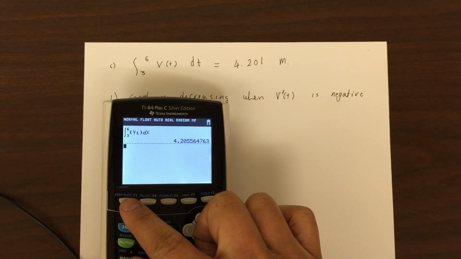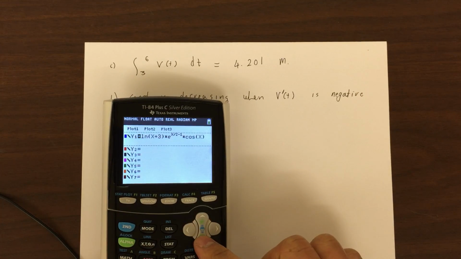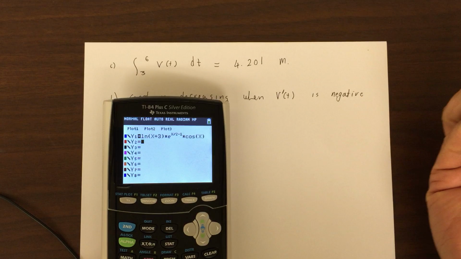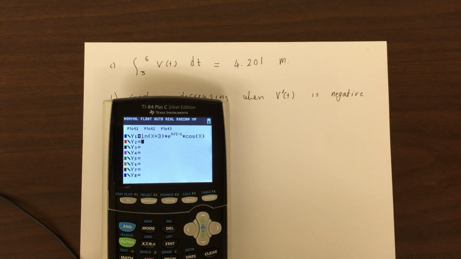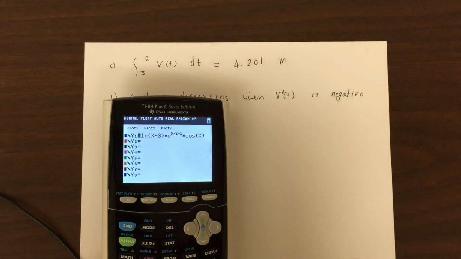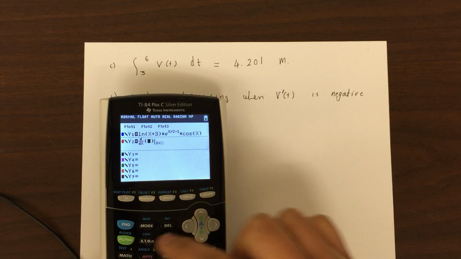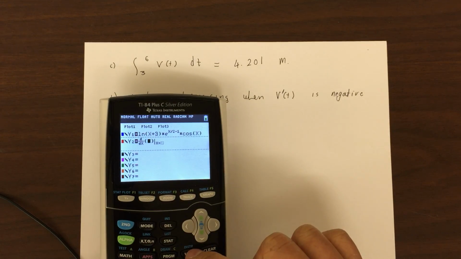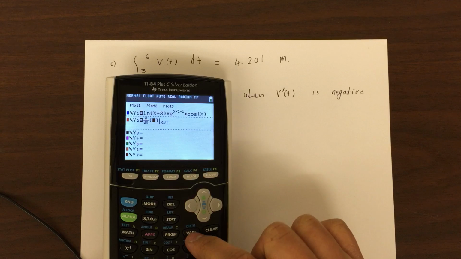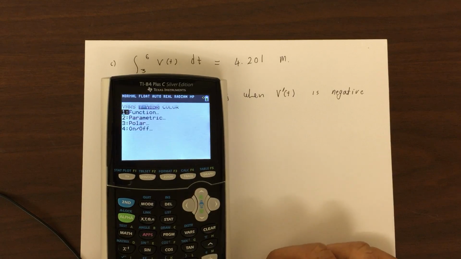So go back to your y. Now y1 stands for the velocity function, and we're graphing the derivative, right? So to graph the derivative, you go math 8, and you're graphing the derivative of y1. So we need y1 in there: y bar, enter, enter.